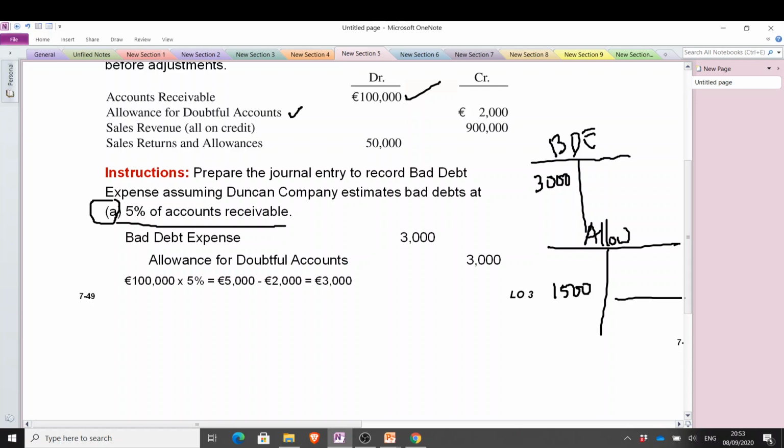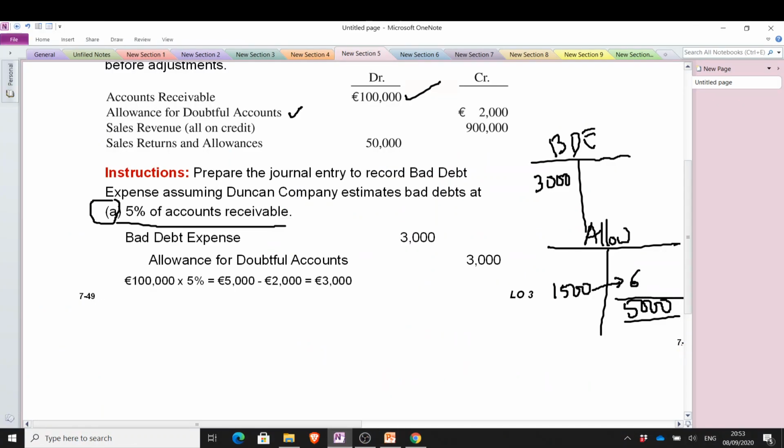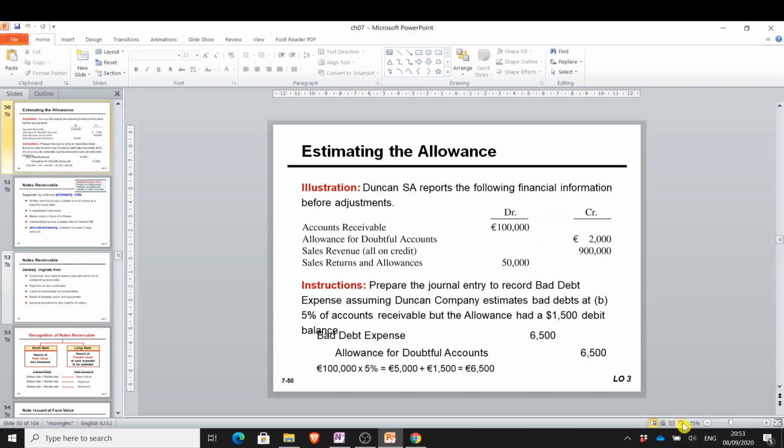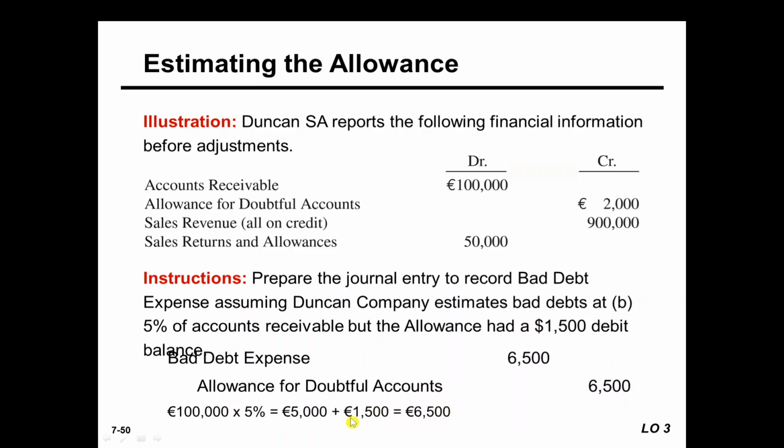So to have 5,000 we need 6,500. So the delta will be 5,000.